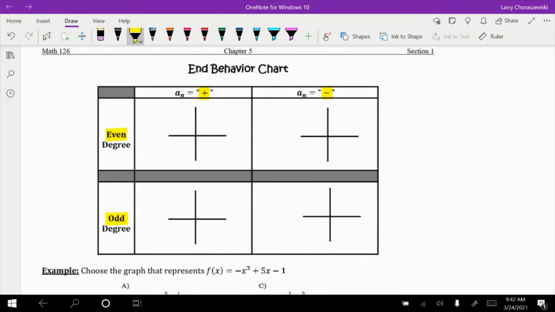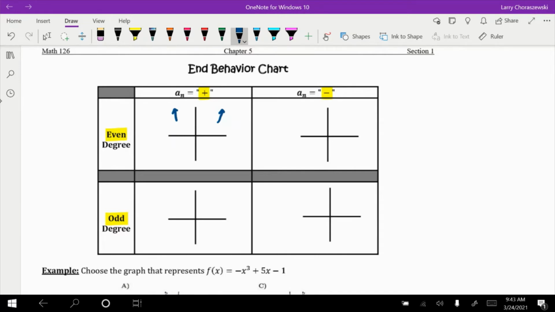So we can kind of think of this as like a multiplication table, if you will. It's like in this first box, the upper left-hand corner, I'm going to draw out the end behavior for a polynomial function having both an even degree and a positive leading coefficient. So if your polynomial function has an even degree and positive leading coefficient, the ends of the graph will both be pointing up, one in quadrant 1 and the other in quadrant 4.